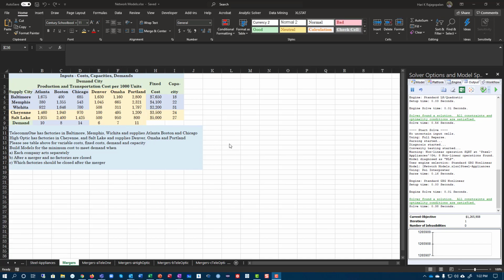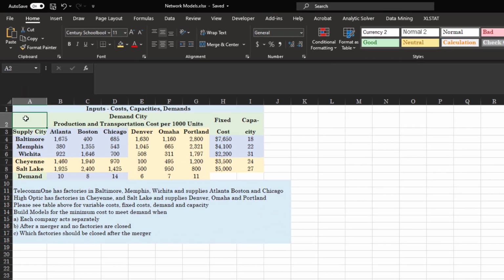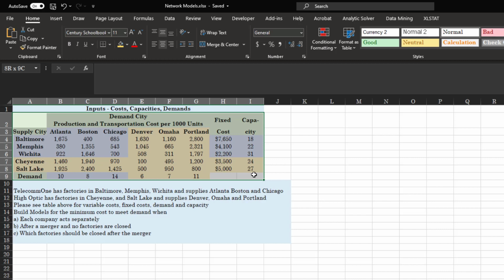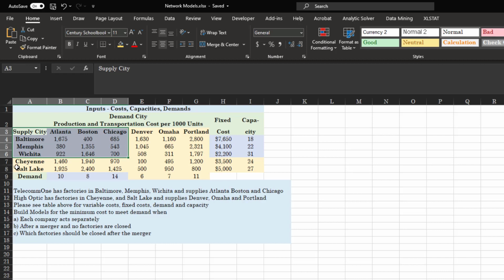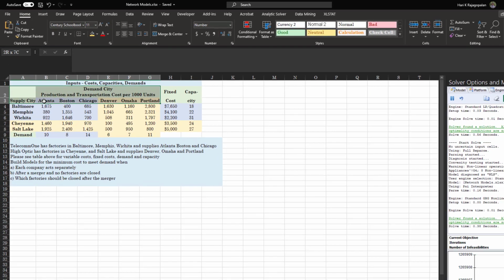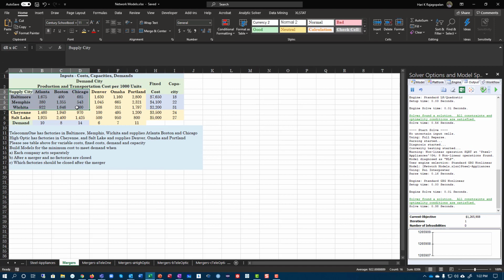So here is the whole data set. And remember, we have to first do only High Optic, and then we want to do Telecom One, and then do both. So what I would suggest is, because you have the data set up, instead of doing it as separate problems, we copy this whole thing, right?